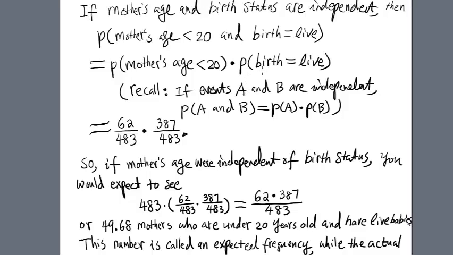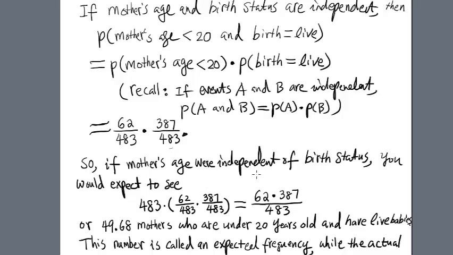And the probability that birth status is live can be estimated using this fraction. The denominator is the total number of mothers surveyed, and the numerator 387 is the number of live births, or the number of mothers who had live babies.